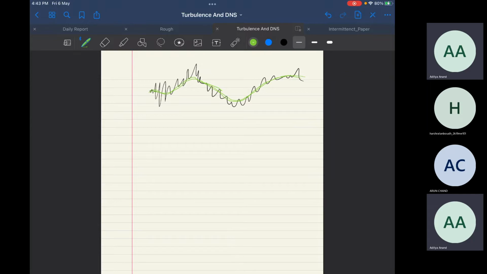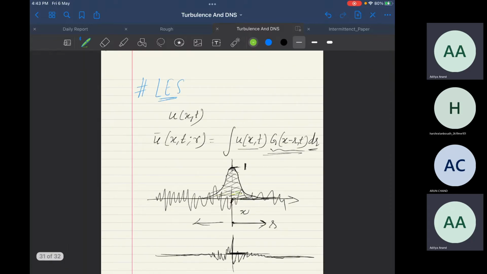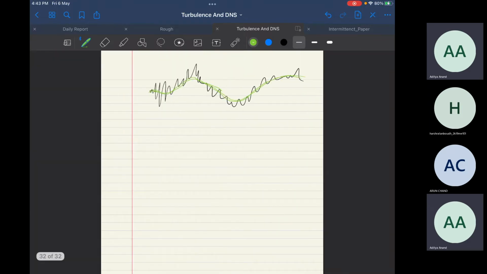Now this averaging window width depends on the scale of the filter used. This Gaussian filter will have a scale L associated with it, so this will be L, not r. In large eddy simulations we solve for this filtered velocity field, and these high frequency fluctuations are what is modeled.